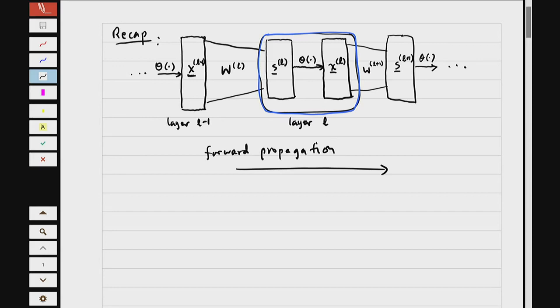Then the question is, how do we design a good neural network? In other words, the weights, the parameters, the W's, have to be good in order to minimize this error function. To do that, we saw that we can use gradient descent. That means we have to find a way to compute the gradient.